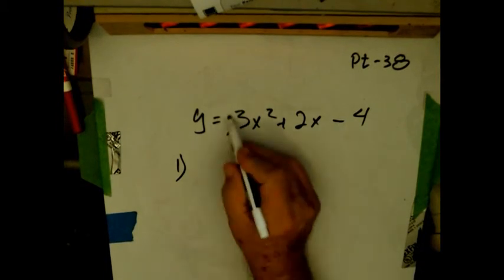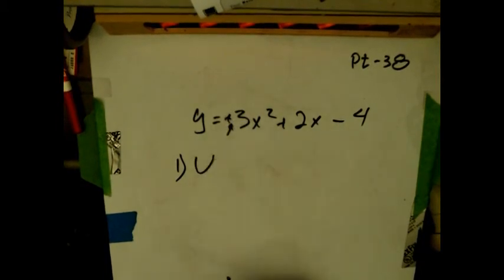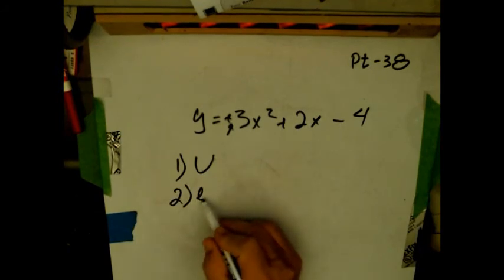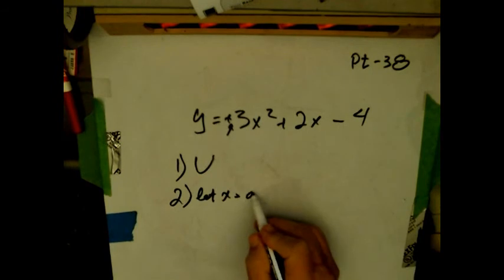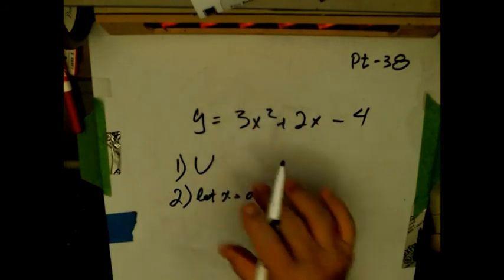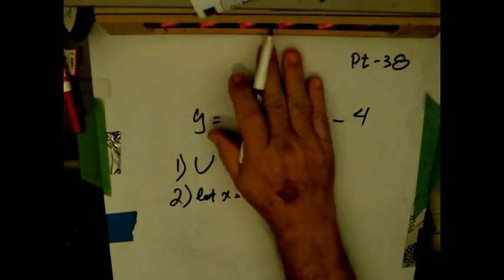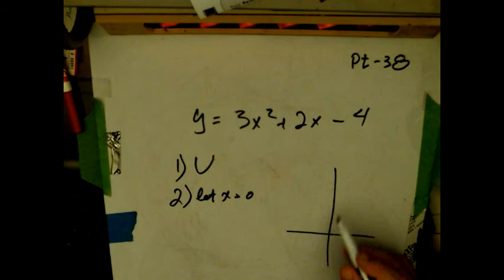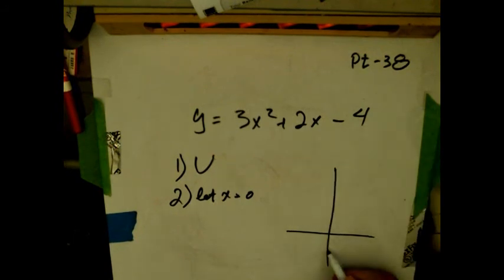It's a plus, so I'm going to have an upward graph. Step 2, I'm going to let x equal 0. Well, if I let x equal 0, these terms all go to 0, and I'm left with a minus 4. So I know it's upward. I know I have minus 4 on the y-axis, so I'll put a point down there somewhere.